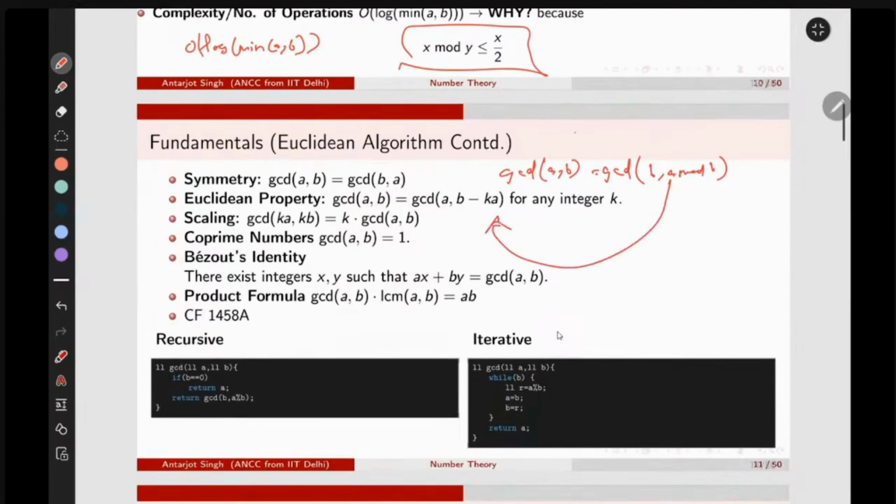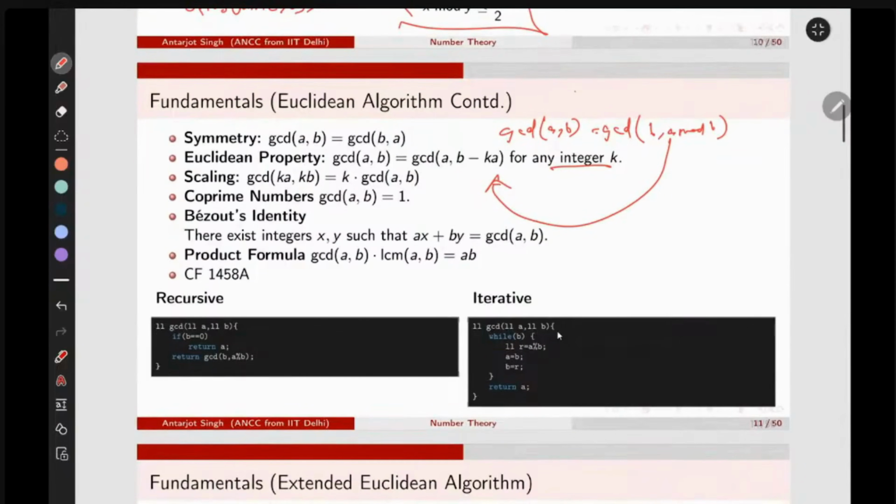Because of this, we can say that for every integer, we can subtract A. So if we multiply the two numbers A and B by K, the GCD is also multiplied by K. Co-prime numbers are basically numbers A and B which do not share a common factor other than 1.